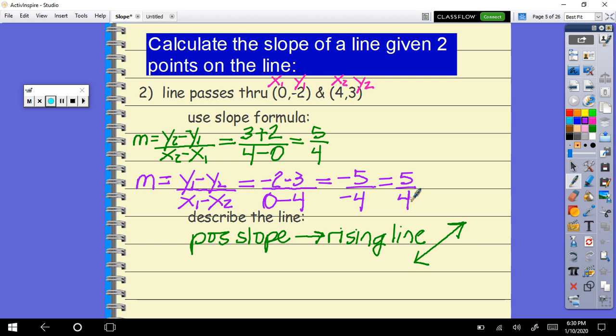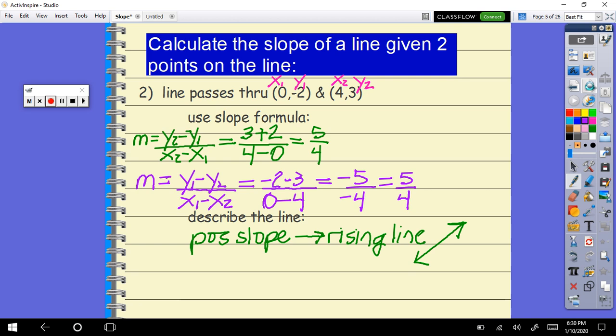So either way, the answer turns out positive 5/4. I'm just trying to remind you that the order that you put the y's in on the top doesn't matter as long as you have the same order for your x's on the bottom. If you want to start with y2 on top, be sure to start with x2 on bottom. And if you want to start with y1 on top, be sure to start with x1 on the bottom.